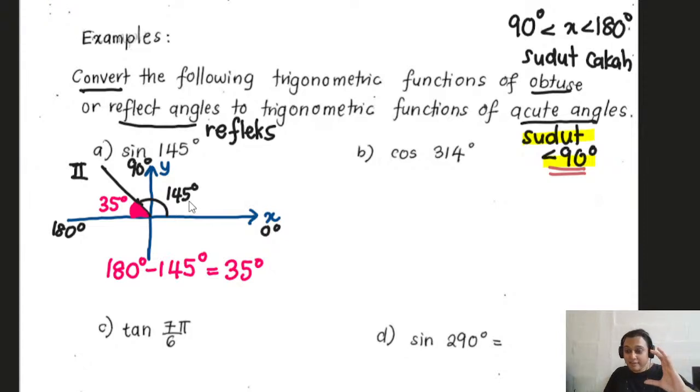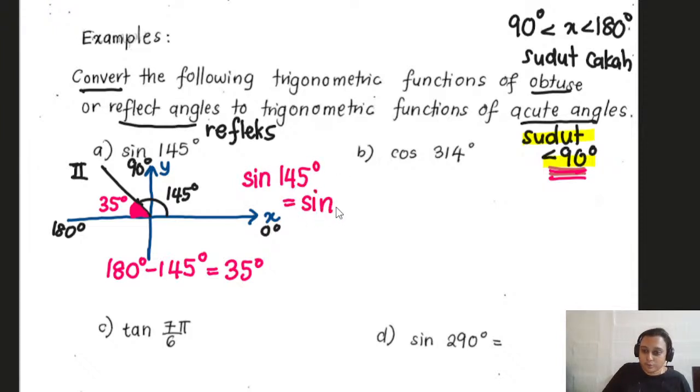35 is smaller than 90 or not? Sudah kecil daripada 90? Yes. So you already managed to change. Sudah tukar. Sin 145 equals sin 35.